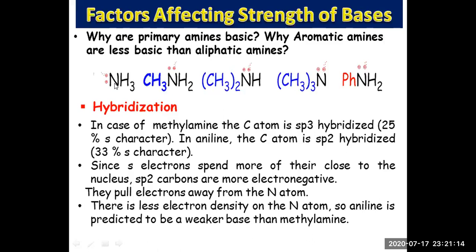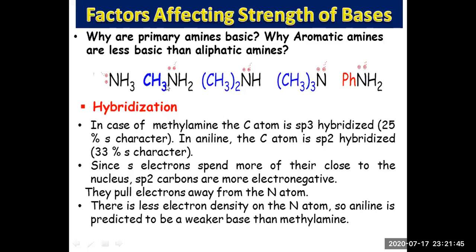As well, ammonia accepts a proton and gets converted into ammonium cation. So it is a proton acceptor. Therefore, the Lowry-Bronsted theory, that is the proton donor-acceptor theory, will also say that ammonia is alkaline or basic in nature. When I replace these hydrogen atoms by alkyl groups, the electron donating capacity of nitrogen increases and therefore the basic character should increase.